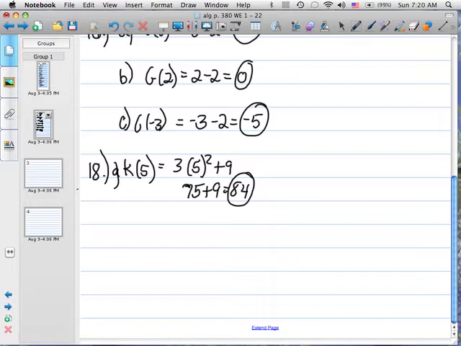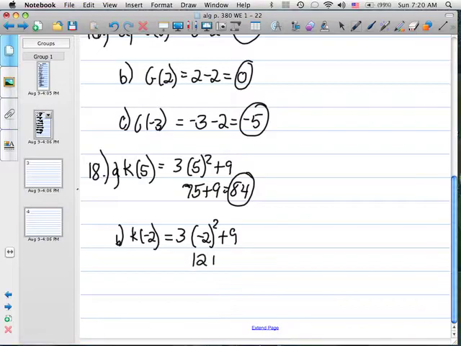That's A. Skip a line, B is k at negative 2. So we're going to put 3 times t squared. That'd be negative 2 squared plus 9. Negative 2 squared is 4. 4 times 3 is 12. 12 plus 9 is 21.